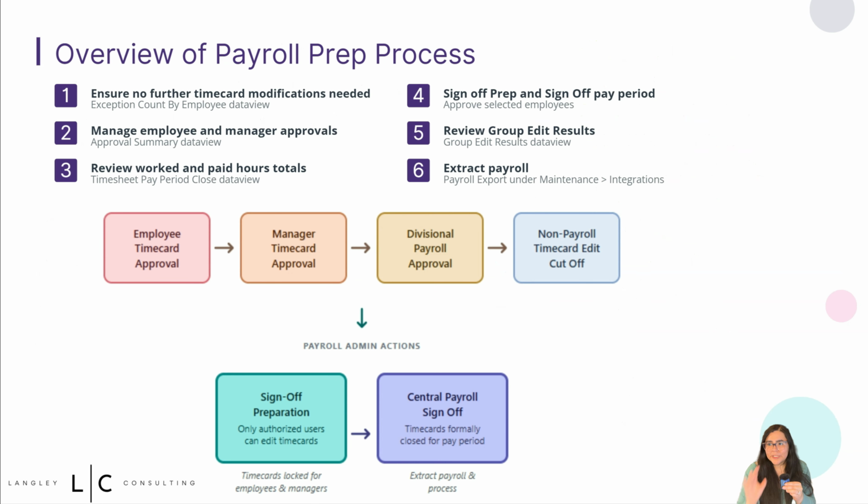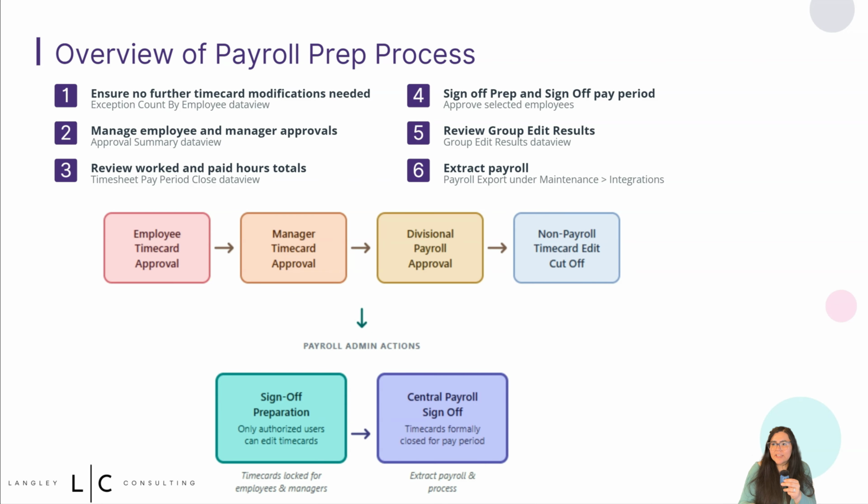So before we jump into the steps, here's the big picture. Payroll prep process has 6 stages. First, you ensure no time card modifications are still needed, using the exception count by employee data view. Second, you manage employee and manager approvals with the approval summary data view.